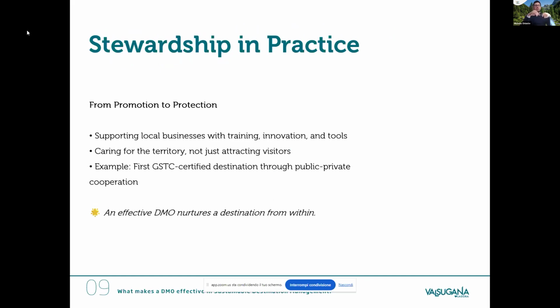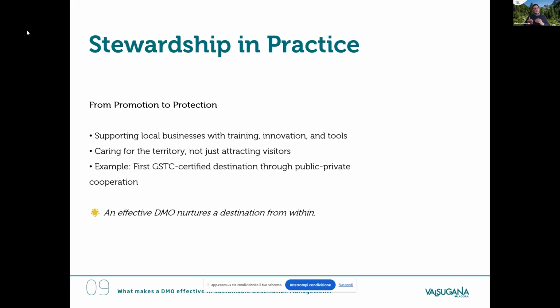And now the stewardship and supporting local operators. The stewardship is important when we talk about public and private entities.